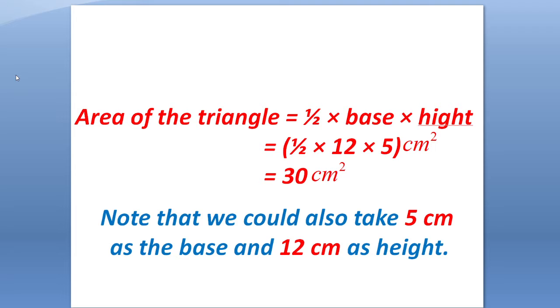So 1/2 into 12 centimeter into 5 centimeter, we write like this: 1/2 into 12 into 5 centimeter square, is equal to 30 centimeter square. We could also take 5 centimeter as the base and 12 centimeter as height.